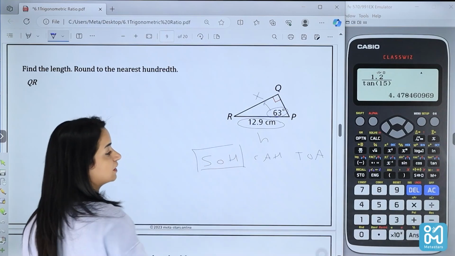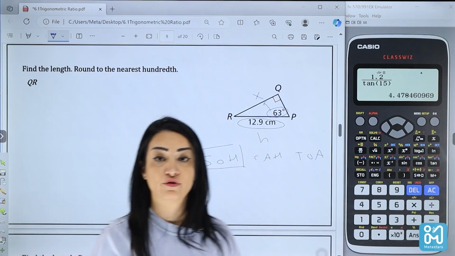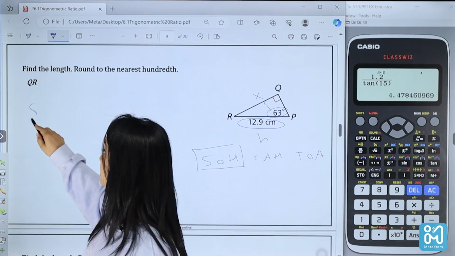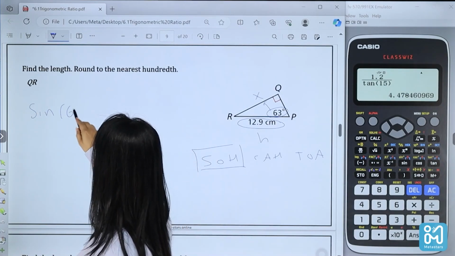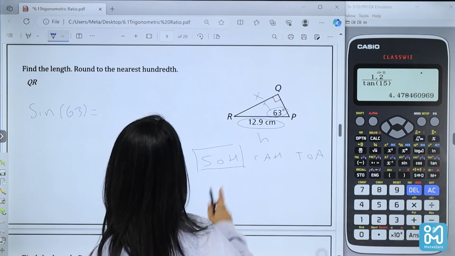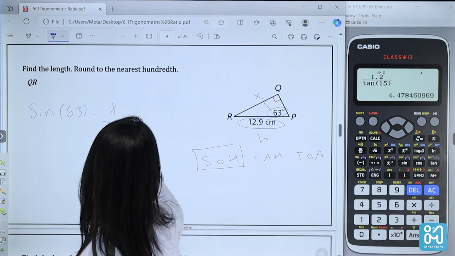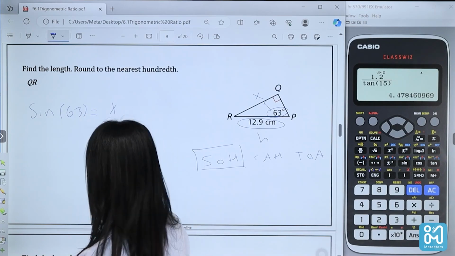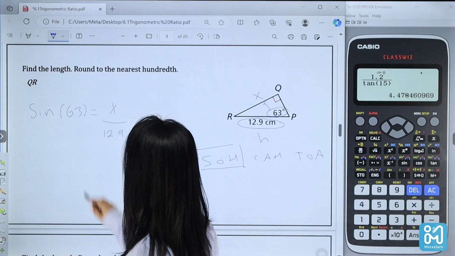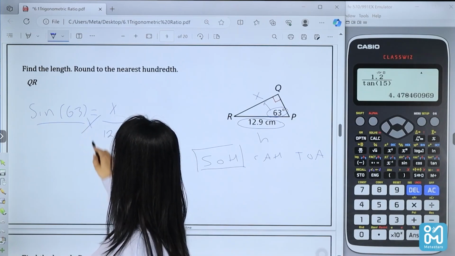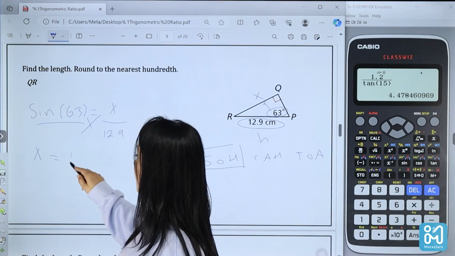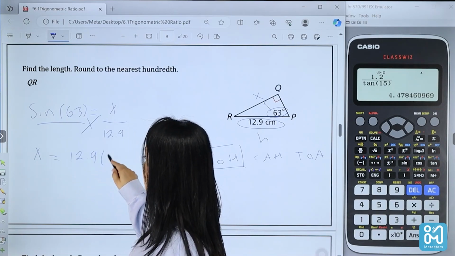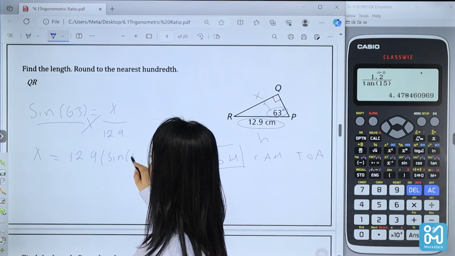Angle, opposite, hypotenuse. So which relation are we going to use? Directly here, we're going to use the relation of sine. So we have to say that sine 63 is equal to opposite over the hypotenuse. Again, we can do cross multiplication or shift solve. So x is equal to 12.9 times sine 63.